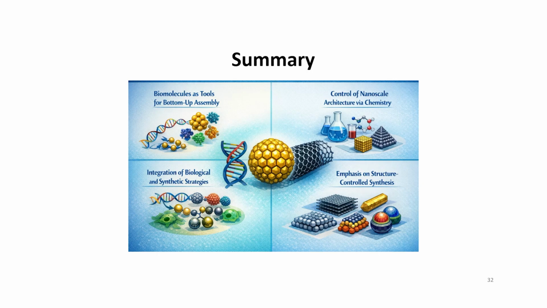So summarizing this, biomolecules can be used as tools for bottom up assembly. You are building something from down to up, so you can use biomolecules as tools for bottom up assembly. Then control of nanoscale architecture via chemistry. With chemicals you are getting controlled nanoscale architecture.